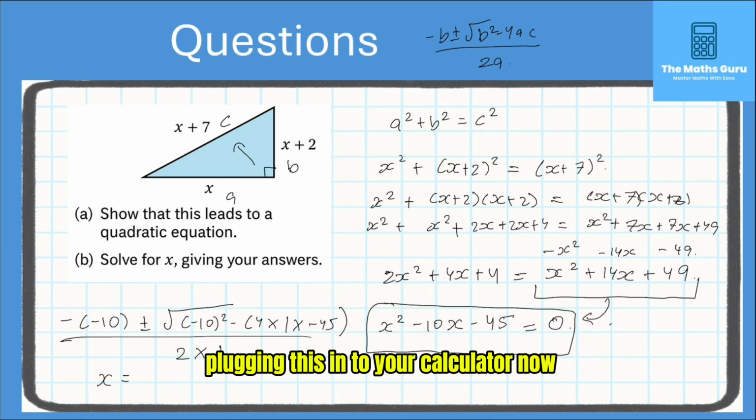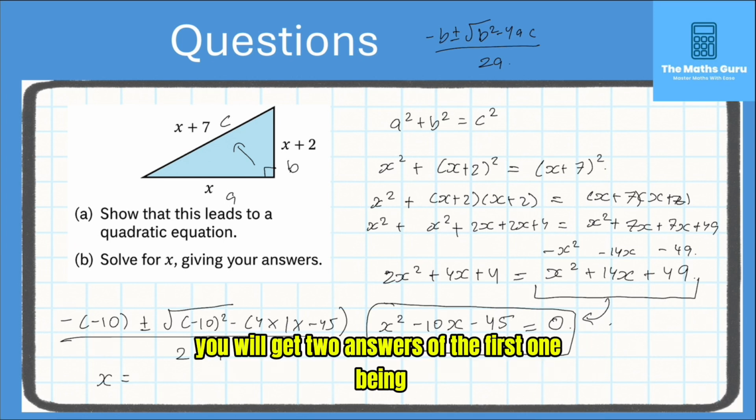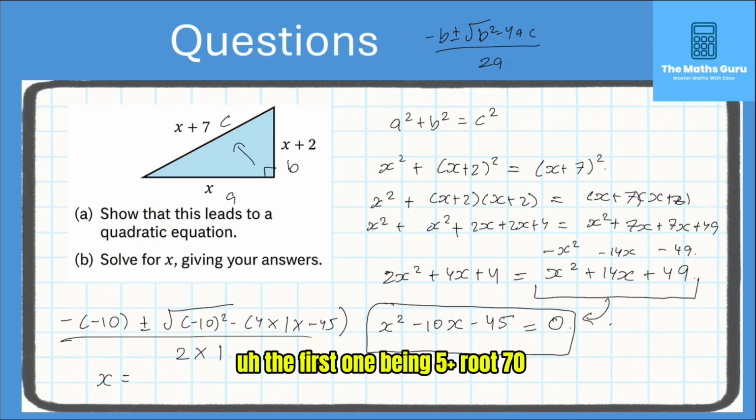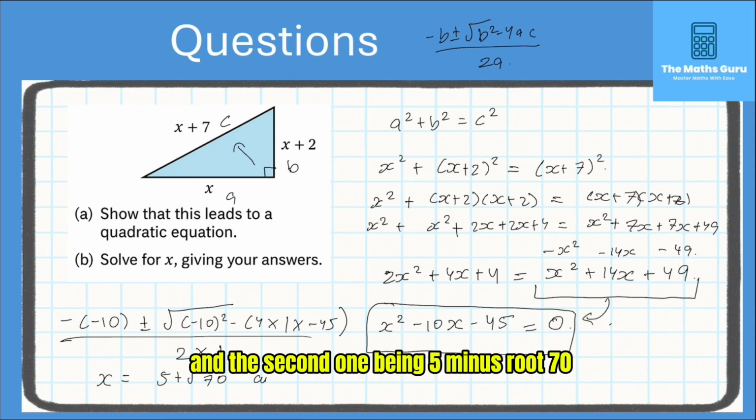Plugging this in to your calculator now, you will get two answers, the first one being 5 plus root 70, and the second one being 5 minus root 70.